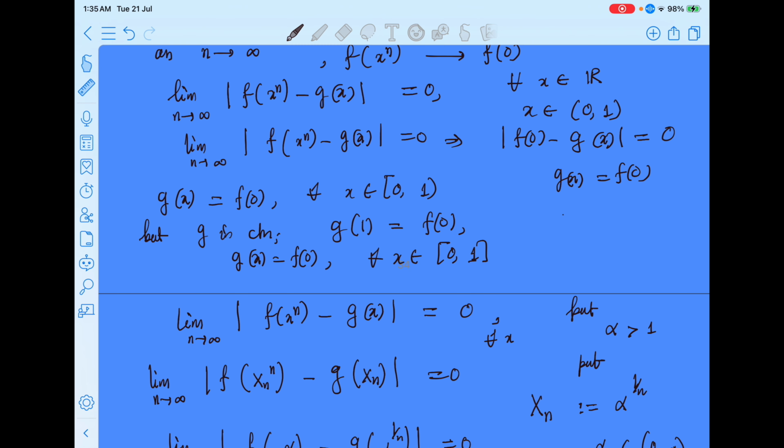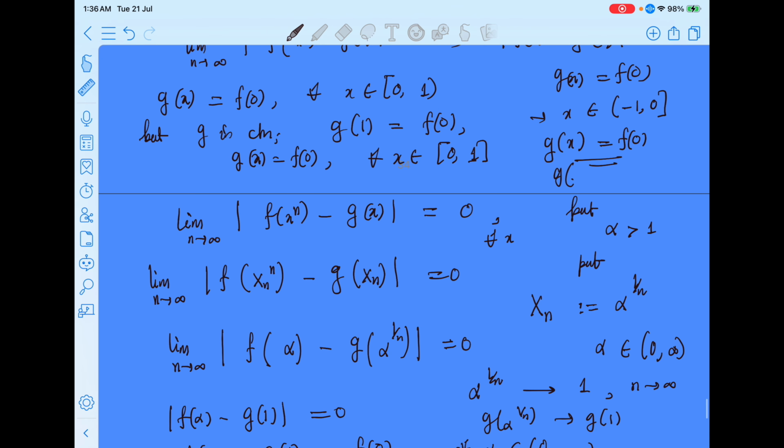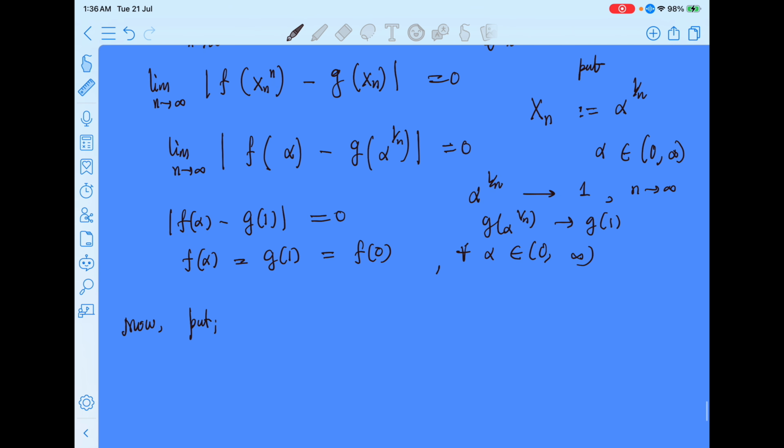If you put x inside (-1, 0), then you will get the same conclusion, right? Because if x is inside (-1, 0), then g(x) has to be f(0). And then g(-1) is also f(0) by continuity. This is easy to prove.